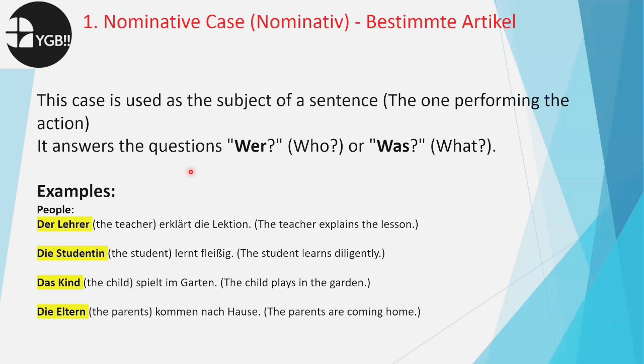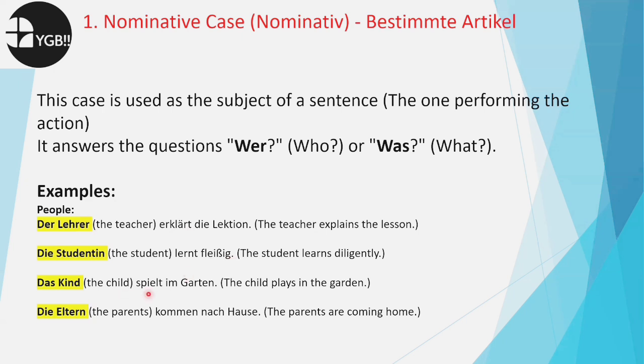So for example, you see here, der Lehrer erklärt die Lektion. The teacher explains the lesson. Here you can ask a question: Wer erklärt die Lektion? The answer is der Lehrer. Next, wer lernt Deutsch? The answer is die Studentin. Die Studentin lernt Deutsch.